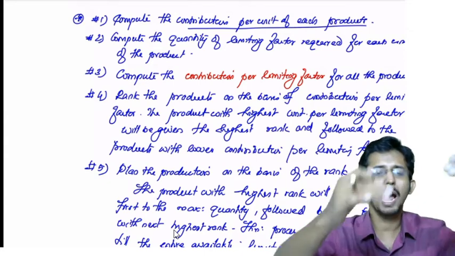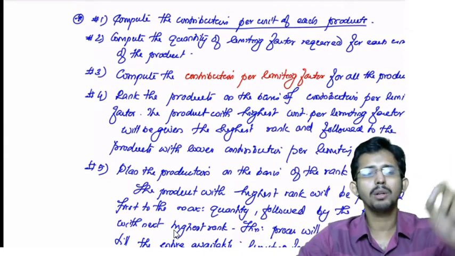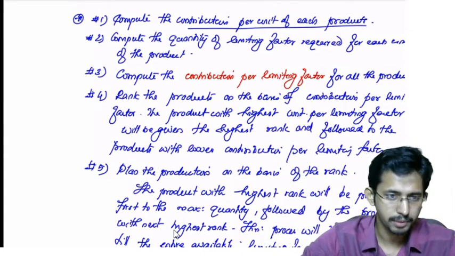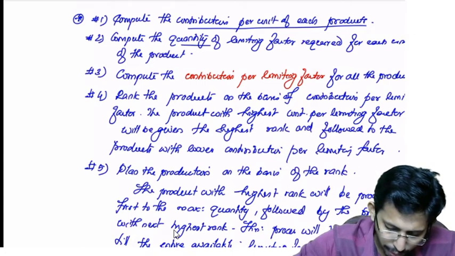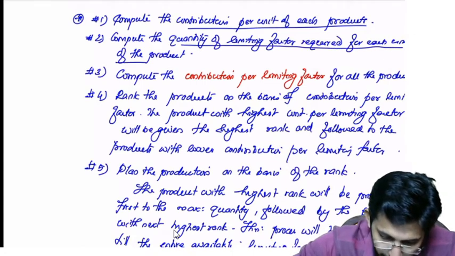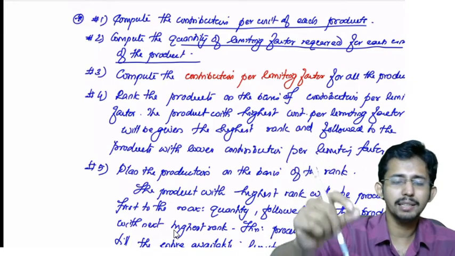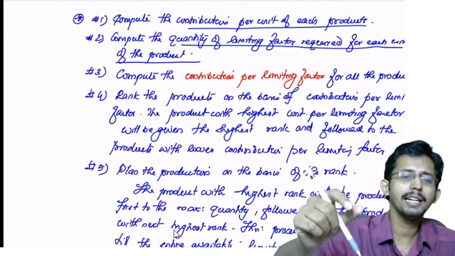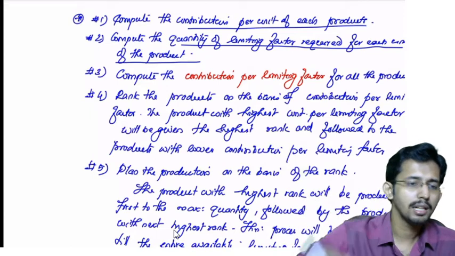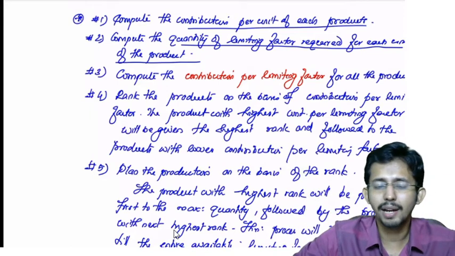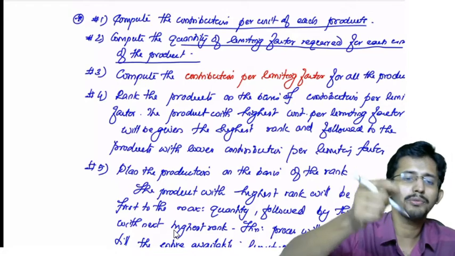If you have more than one product, you compute the contribution per unit of each product. Then you need to identify the limiting factor. After identifying the limiting factor, you should compute the quantity of limiting factor required for each unit of these products.